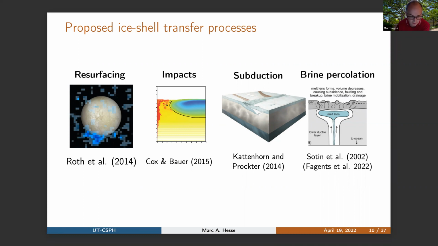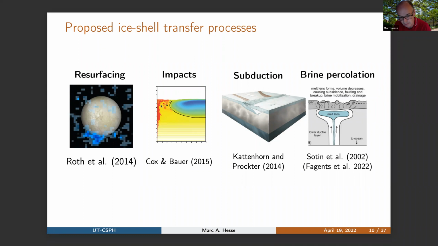And so Rona Cox and one of her grad students have worked on this, and this hasn't, I guess, received a lot of attention, partly because maybe you need very large impacts to penetrate the ice shell, and those don't come along very often. And there's essentially no impact structures on the surface of Europa that look like they would have penetrated the ice shell.